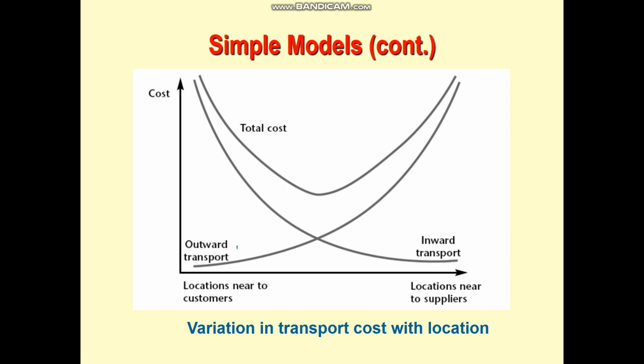And if we locate near to the supplier, the inward transport cost decreases. So we can see the total cost line is like this. So that's why we want to find the location here, where the cost is the smallest.